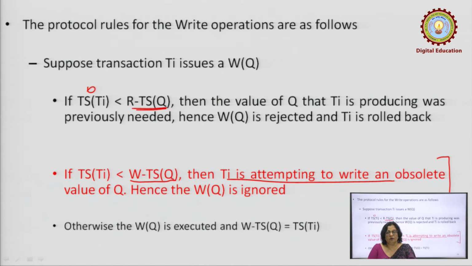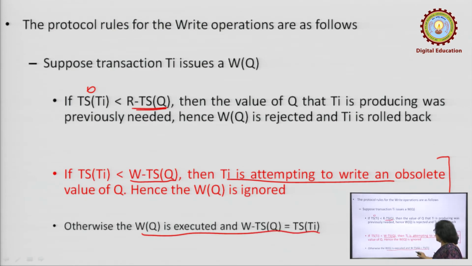In the TSO protocol we discussed that this is rolled back, but according to the Thomas's write rule this is ignored. And in all other cases, like the TSO protocol, WQ is executed and the write timestamp is set to the timestamp of the transaction which has updated the value.